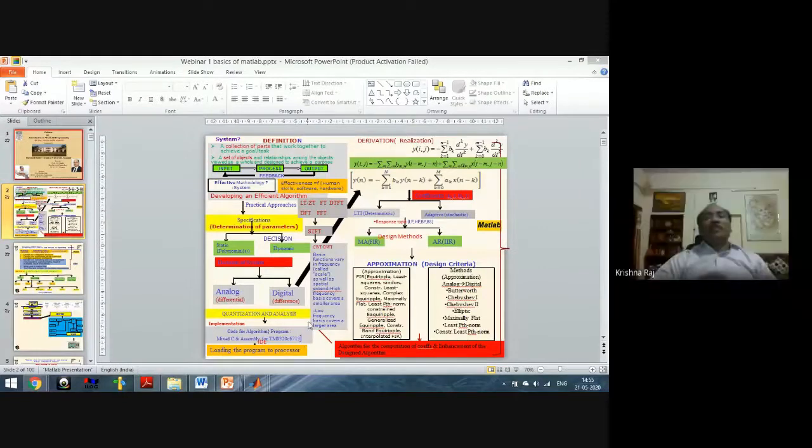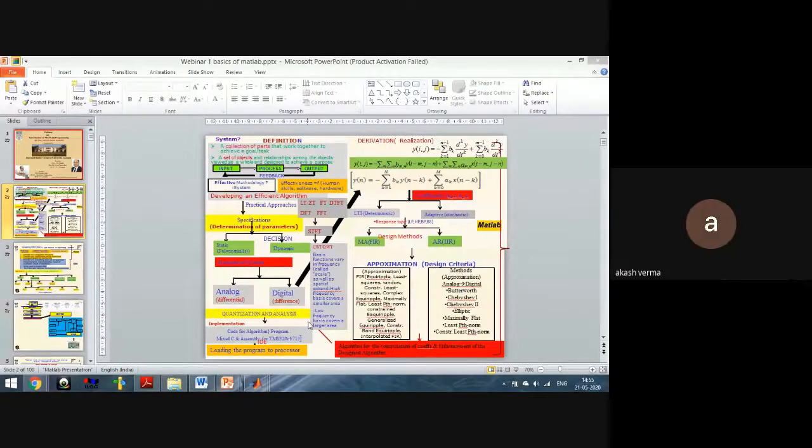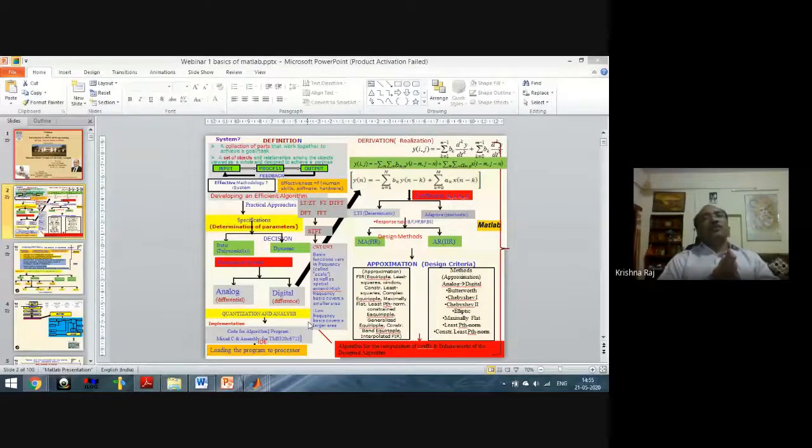Now, in the number system, suppose we use 5 bits for the integer and 6 bits for the fractional value. So what will be the word length of that format? 5 bits for the integers, 6 bits for the fractional values.